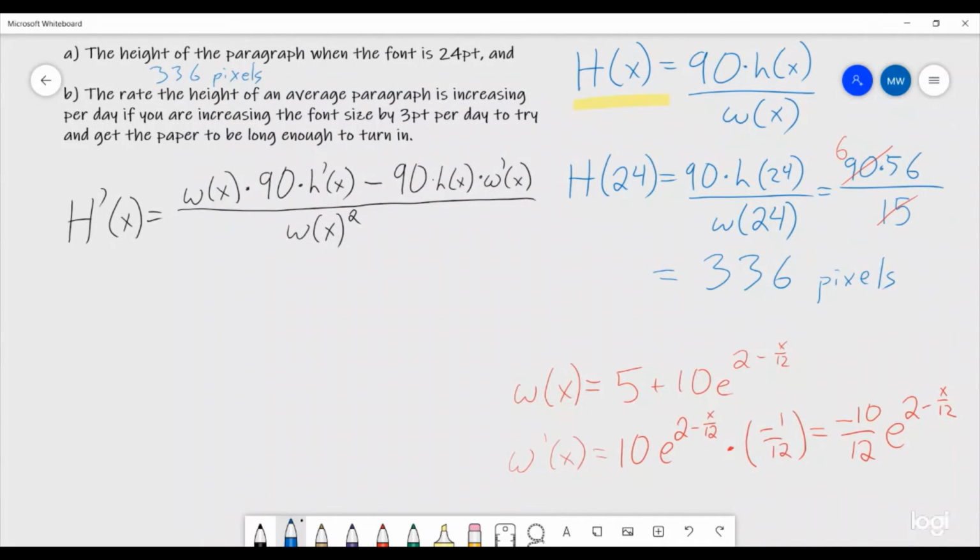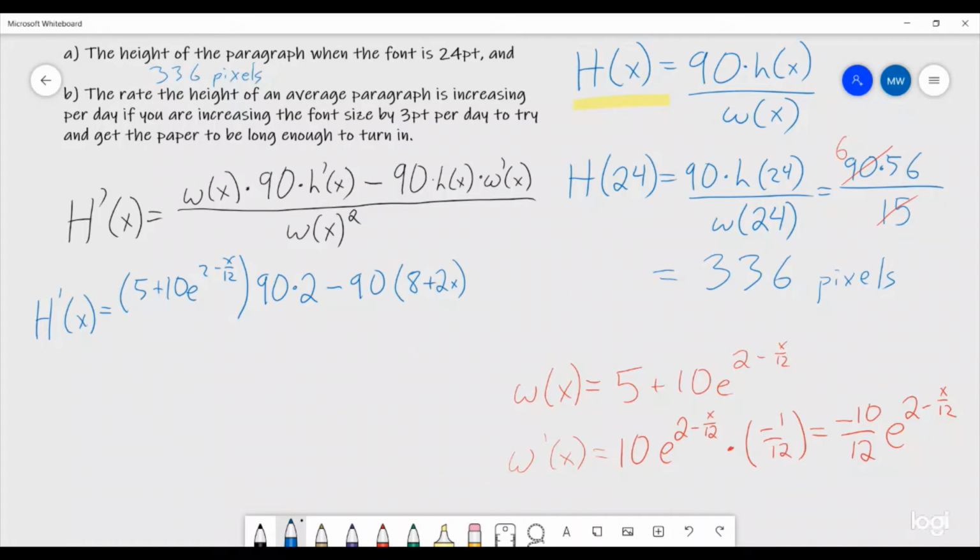So now we can plug in all the different pieces we know. We know that h prime of x is going to be our width, 5 plus 10e to the (2 minus x over 12), times 90 times h prime, which was 2, minus 90 h of x, 8 plus 2x, times our derivative of our width. Well, that's this entire piece.